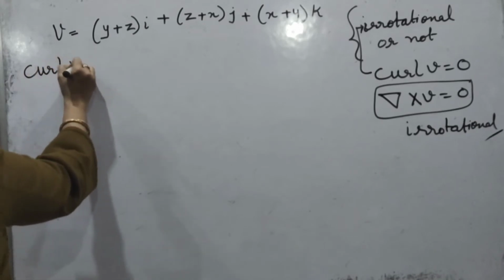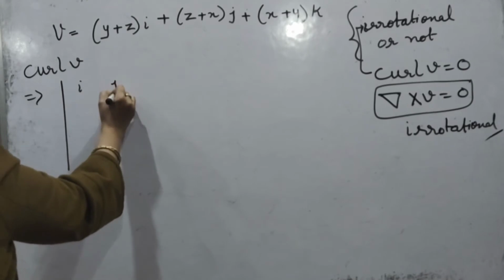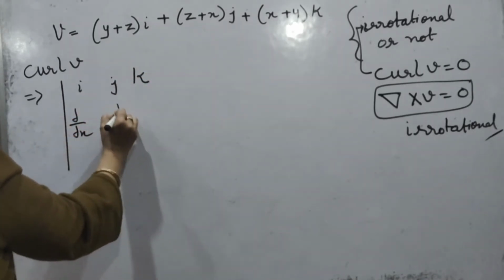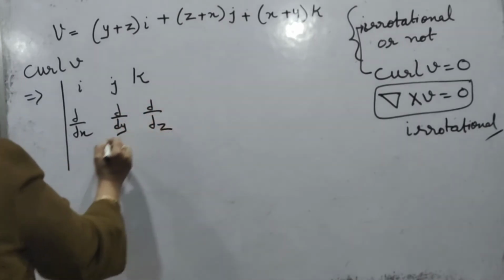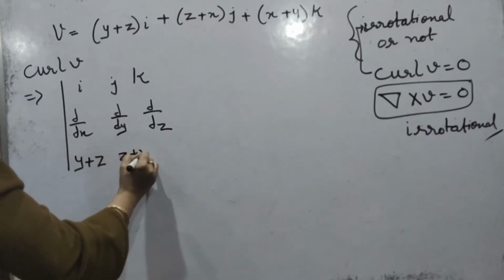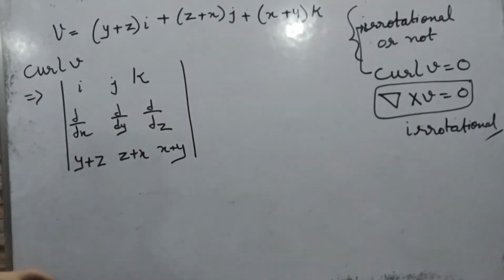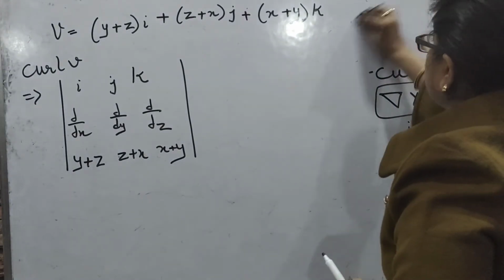In order to find the curl of the vector, we write it in determinant form: i, j, k, d/dx, d/dy, d/dz, and then y plus z, z plus x, x plus y. Now we solve this matrix and find whether its answer is 0 or not.